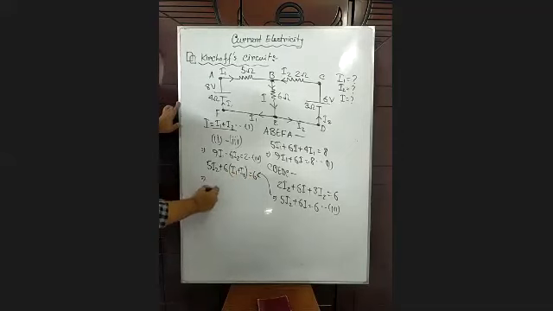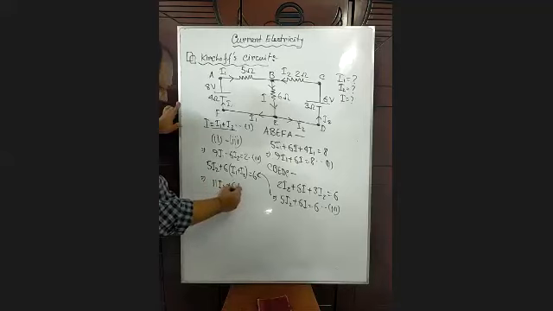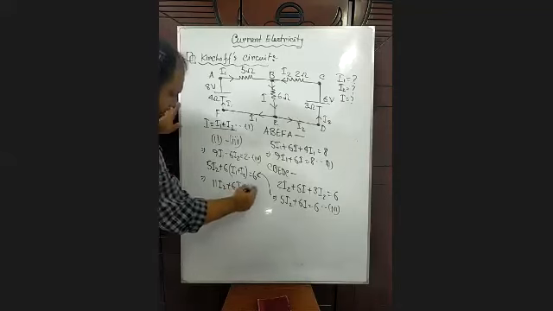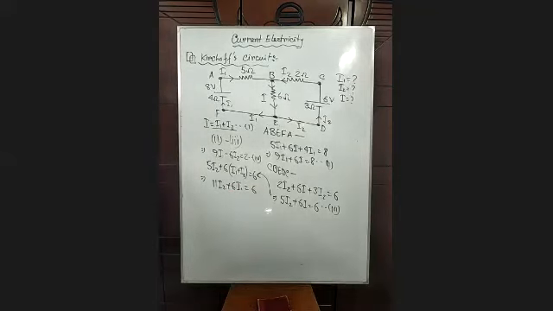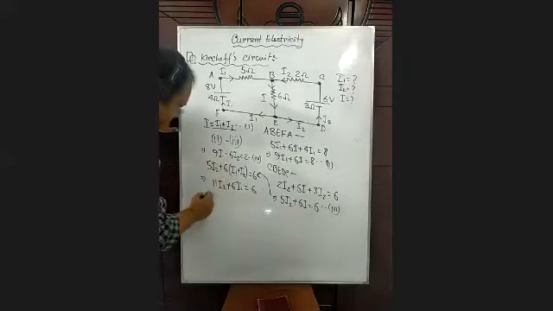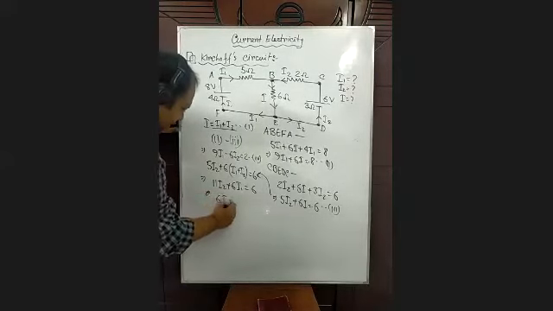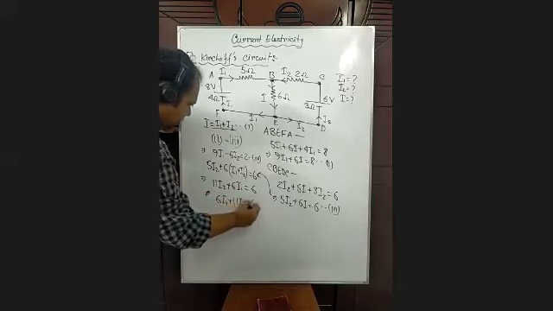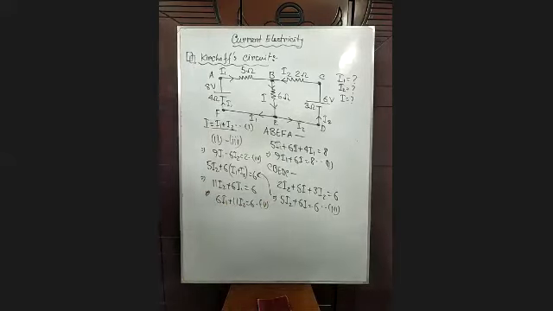So I can say it's 11I2 plus 6I1 equal to 6. So you can further say in this way, 6I1 plus 11I2 equal to 6. This is equation number 5. Now solve equation 4 and equation 5. You will get the value of I1 as well as I2 as well as I. Now solve these 3.